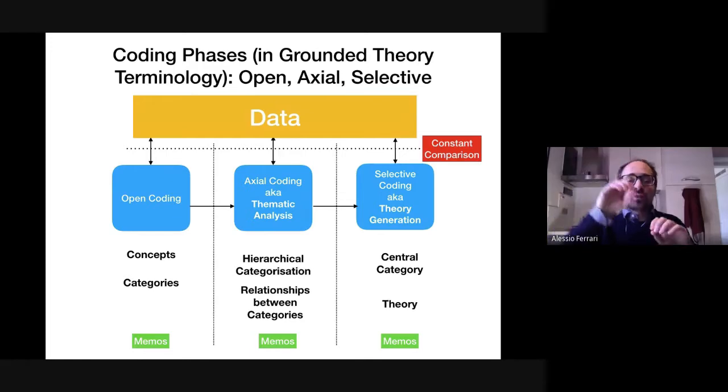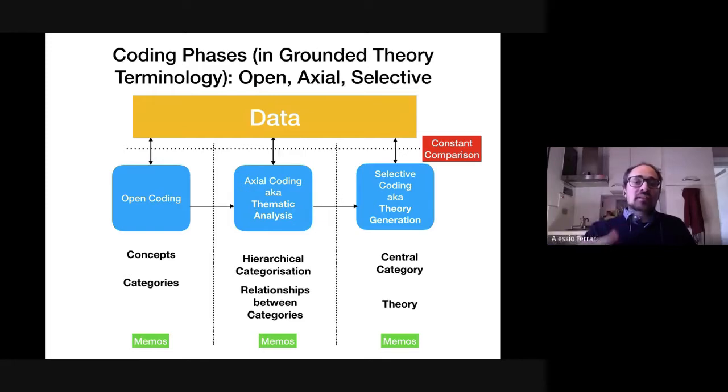So you have concepts, categories, and a hierarchical structure, and you probably find relationships that may occur, not just hierarchical, but for example cause-effect relationships between the categories. And finally, you pass to selective coding, which is theory generation.